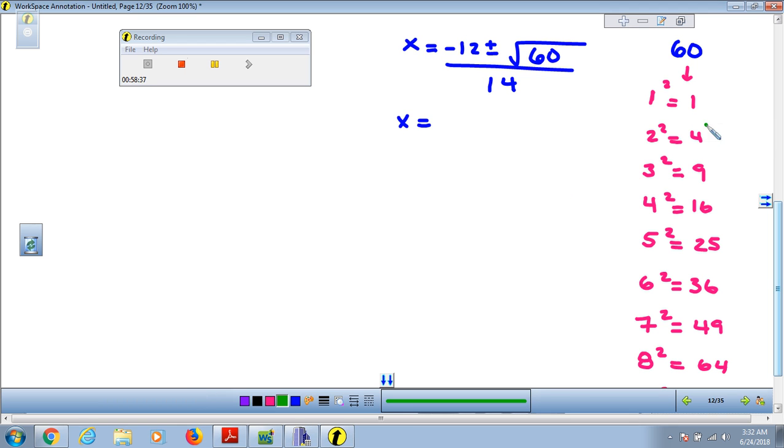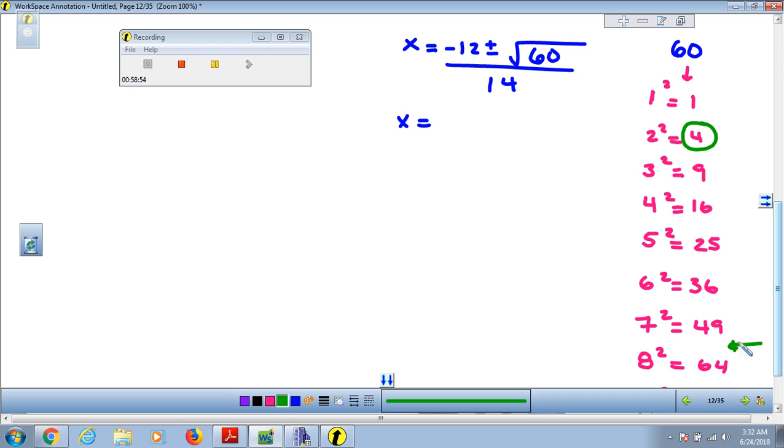The only number that I found that 60 is divisible by is 4. I tried a few others that are greater than that, and nothing is divisible by that. And then I should really stop, because 60 is between 49 and 64.